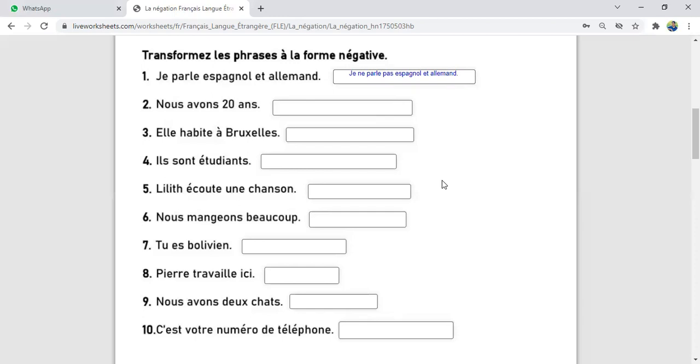Espagnol is Spanish. Allemand is German. I speak Spanish and German. When it says Je ne parle pas espagnol et allemand, I don't speak Spanish and German.